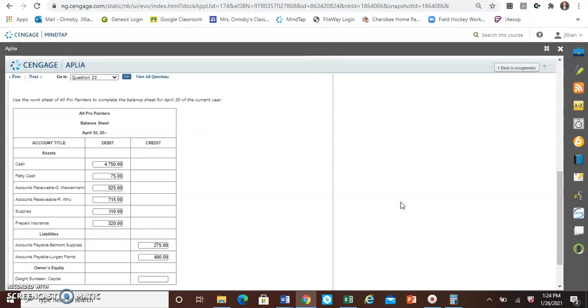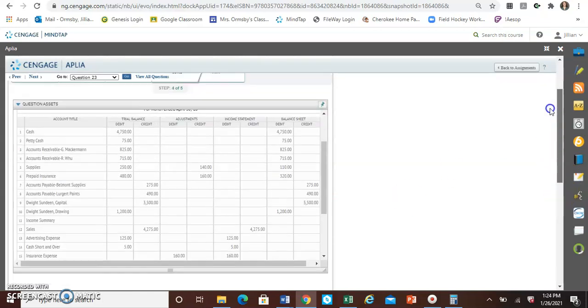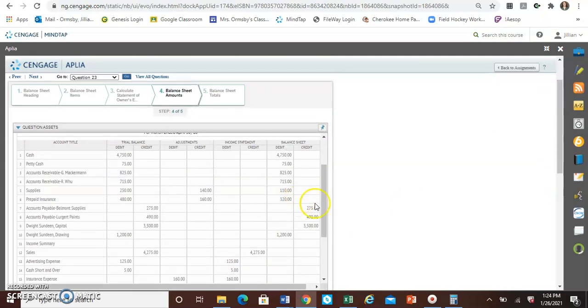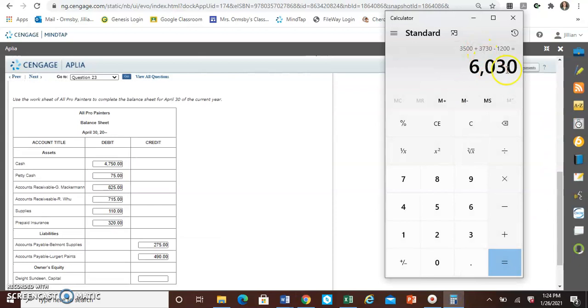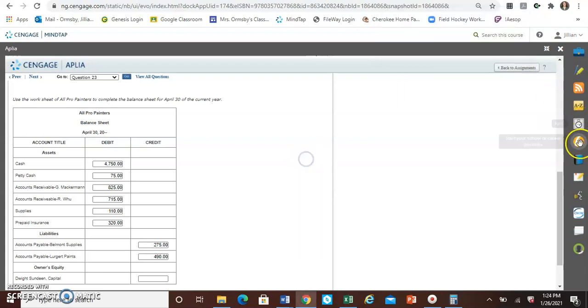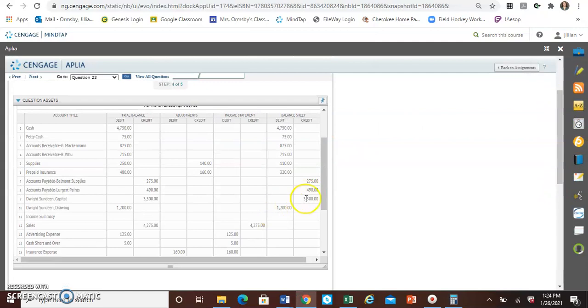The amount of capital we do not take directly from the worksheet. So if you look here, capital 3,500. That is not the amount we use. We use 6,030. That's the current capital. And again, we got that from taking the amount of capital right from the worksheet, capital 3,500.